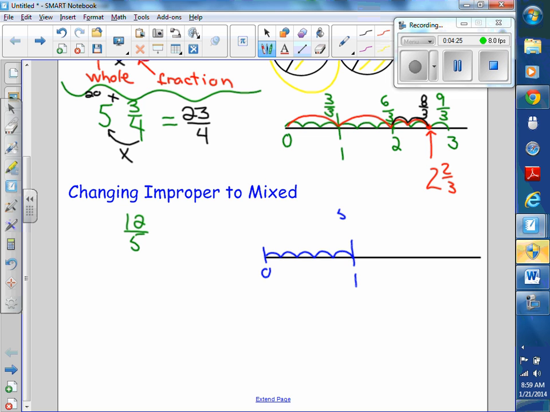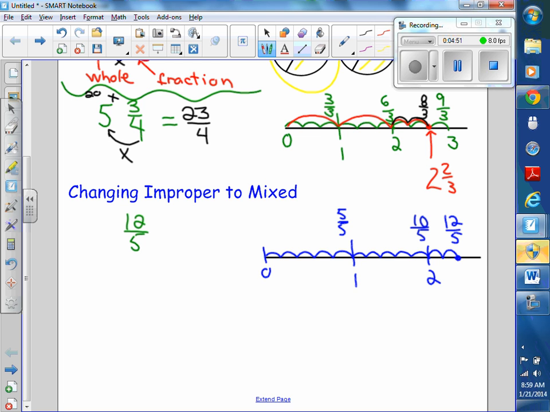So 5/5. And then 6/5, 7/5, 8/5, 9/5, 10/5. But that's also 2 wholes. Every group of 5 is a whole. Does that make sense? But I want to go to 12/5. So I have to go 11/5, 12/5. That's right here.